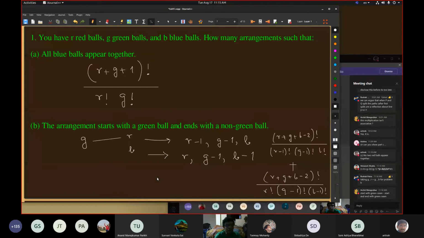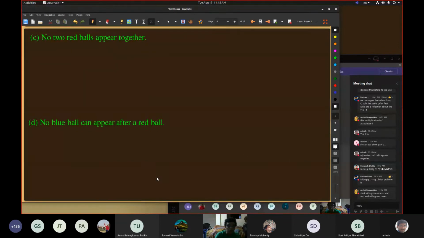So what about this? No two red balls appear together. G plus B factorial by G factorial B factorial, G plus B plus 1 choose R. So this is similar to the abracadabra problem, right?